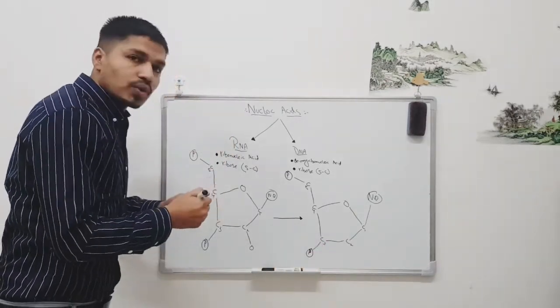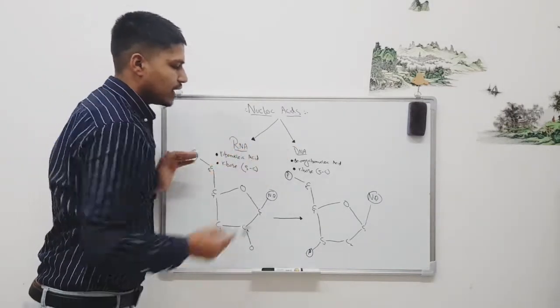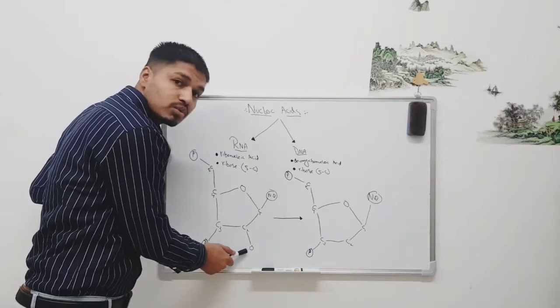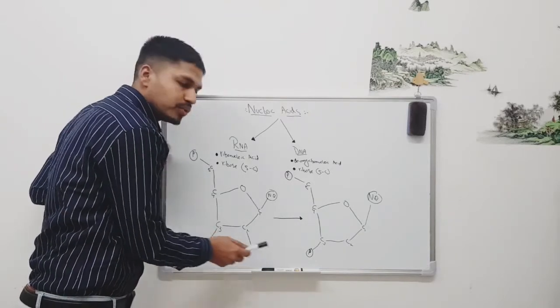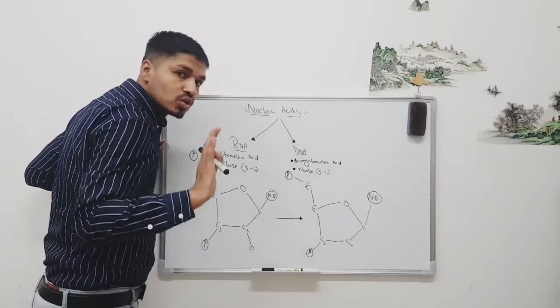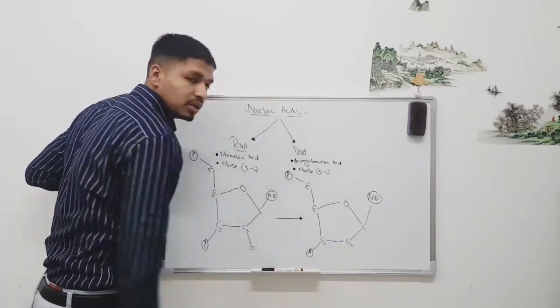The little thing which differentiates RNA and DNA is that in RNA there is an oxygen molecule attached on carbon number 2, and in the DNA molecule there is no oxygen molecule on carbon number 2.